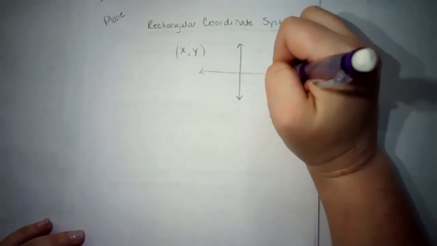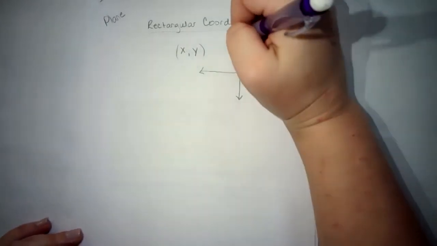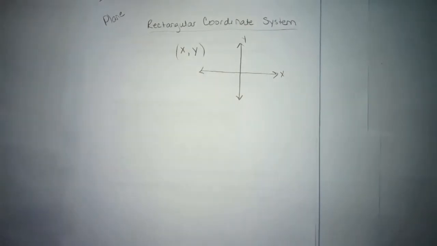You have the X number line, we keep him horizontal. We have the Y number line, we turn him vertical, and then we plot stuff. You guys have been doing this forever. If you see X's, Y's, your axes, points like this, you're in the rectangular coordinate system.